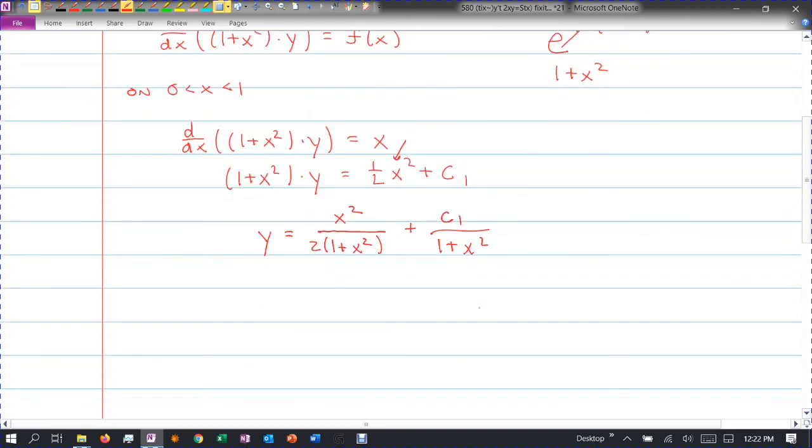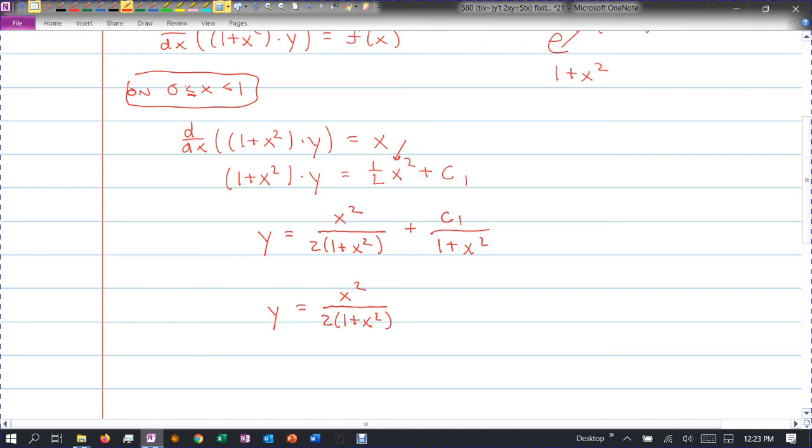Replacing y with 0 and x with 0, you get c₁ is 0, which means y equals x² over 2(1 + x²). So that's what y is on the interval [0, 1).